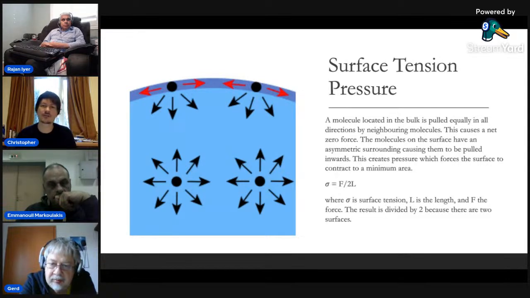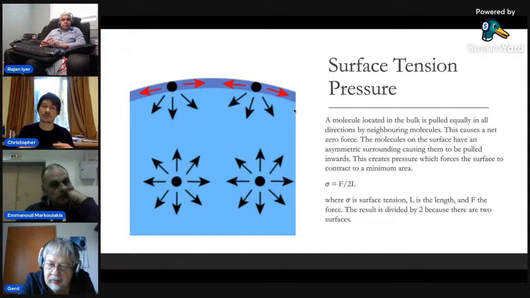If we go back to our surface tension pressure, we can see in this graph on the left that a molecule in the bulk of the liquid is pulled equally in all directions by its neighboring molecules, but those molecules on the surface have an asymmetric surrounding.